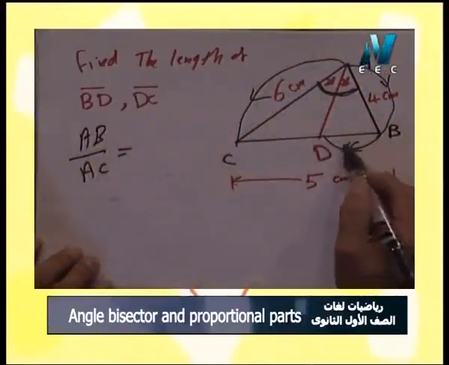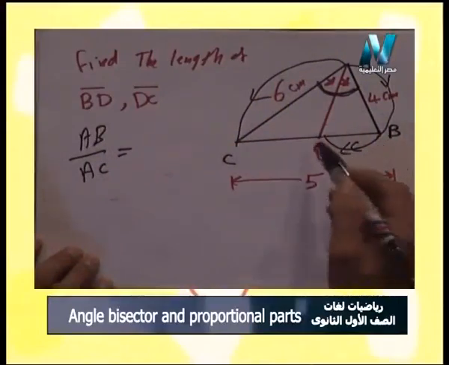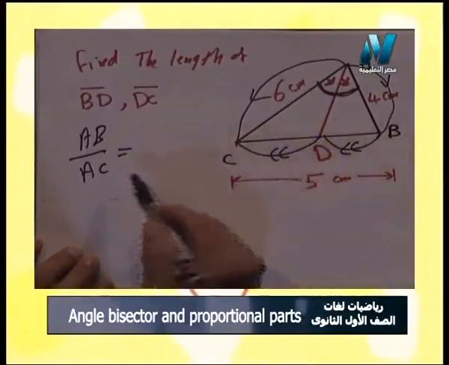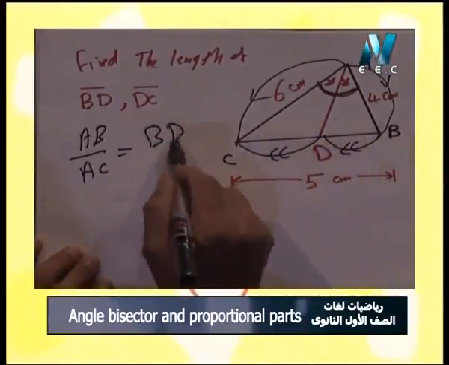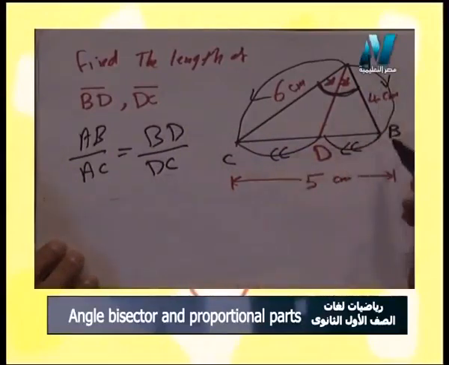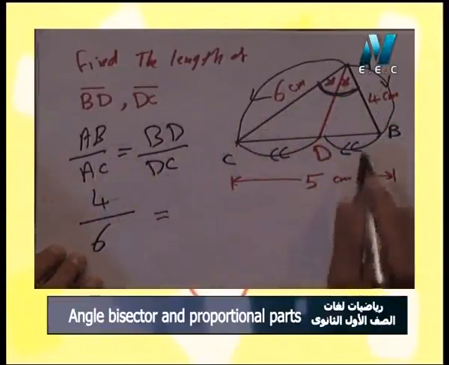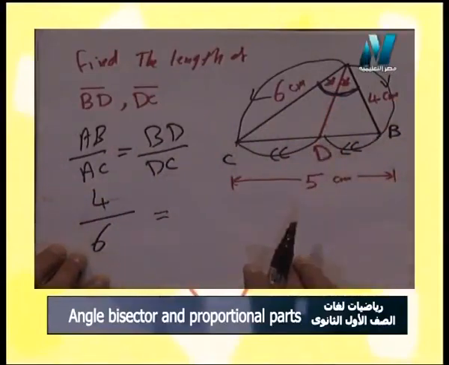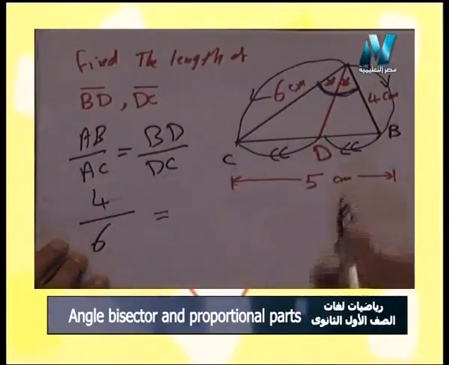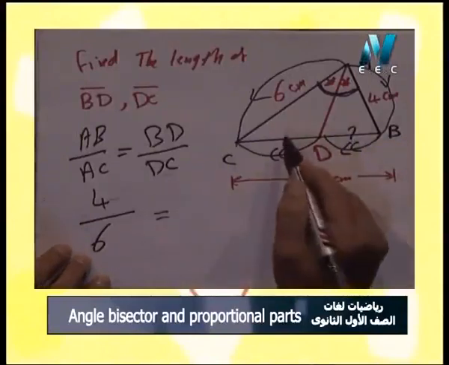BD, yes, excellent students, which is BD over DC. AB equals 4 centimeters, so put 4 here. AC equals 6 centimeters, so we put 6 here, equals BD over DC.